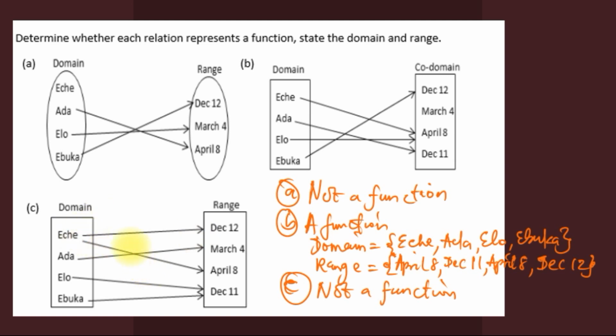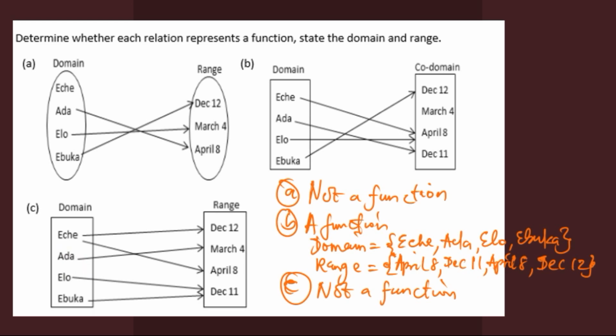A function must have only one image, an element of the domain must have only one particular image. Like in the second one, Eche and Elo both have April 8 as the image, which is a function. But here, Eche cannot have two different images, so it's not a function. So it's only B that is a function.